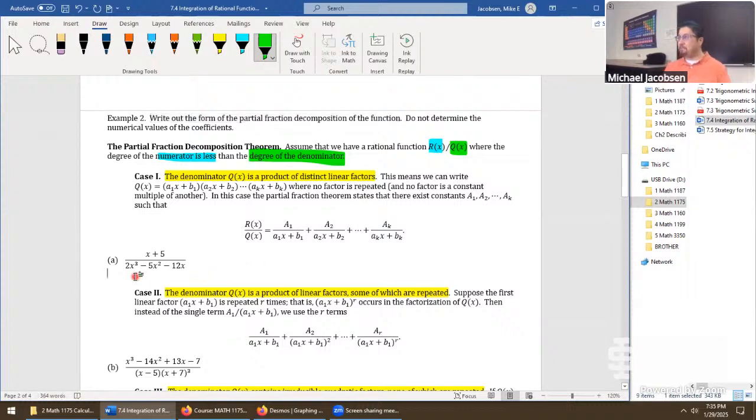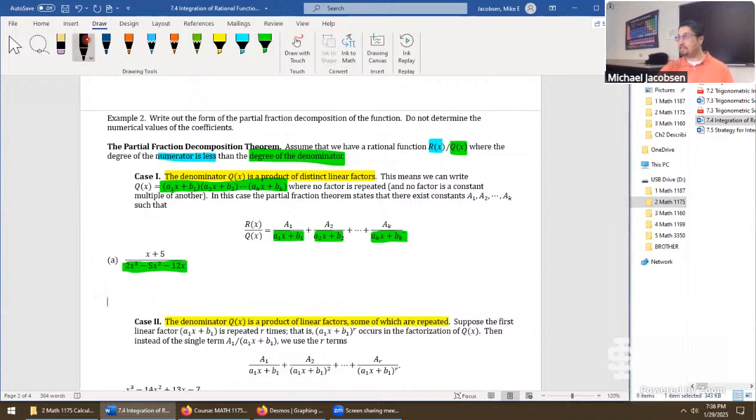And this one's kind of annoying because what case 1 says is your denominator ought to look like that, factored into a product of linear factors. Those factors in the denominator get distributed through these terms that you see right here. So let's give it a try. We focus on that denominator. First, we have to factor.